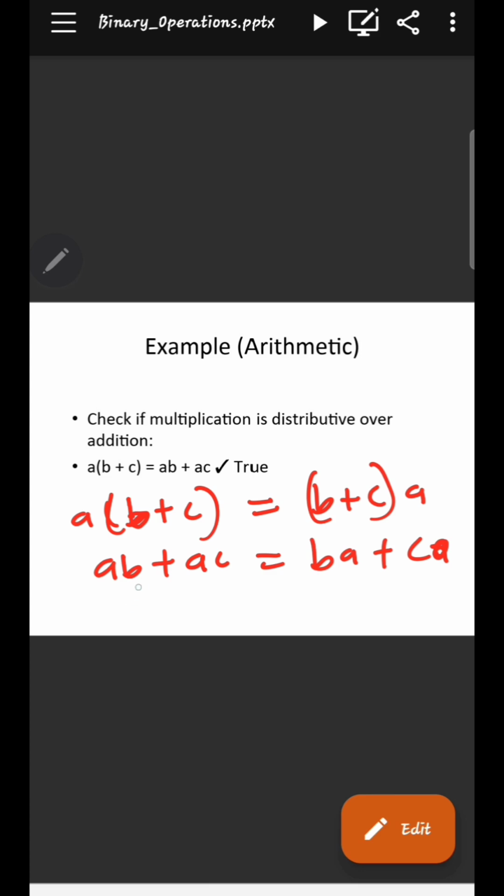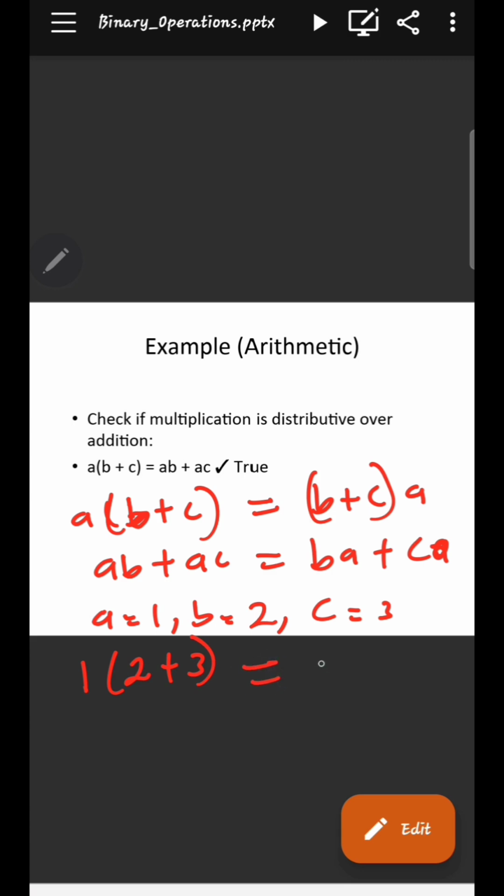Now, let's check whether they are really true. Let's assume that A is equal to 1, B is equal to 2, and C is equal to 3. Let's check. You have 1 into bracket 2 plus 3.